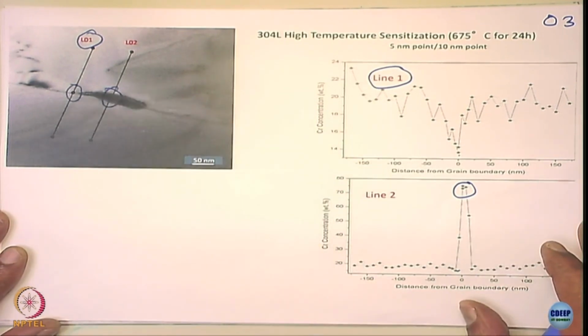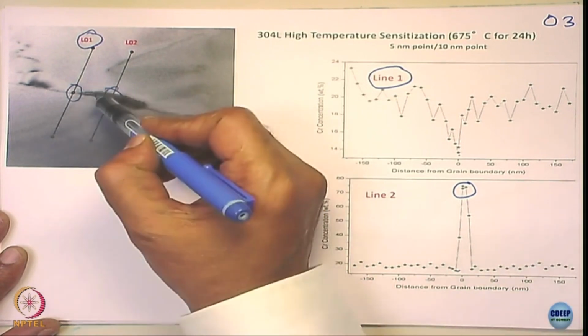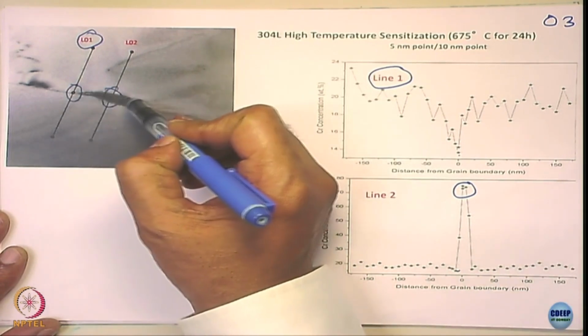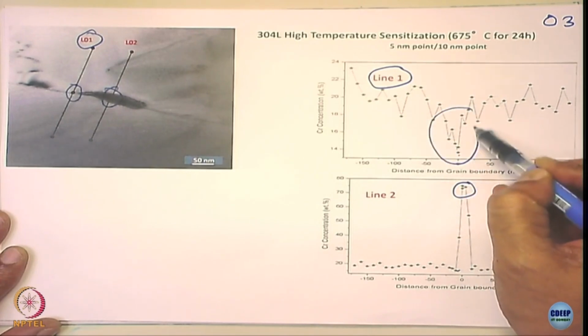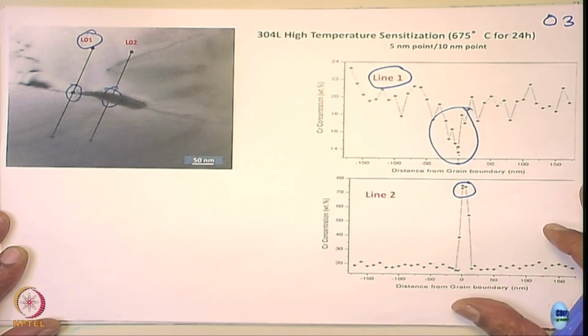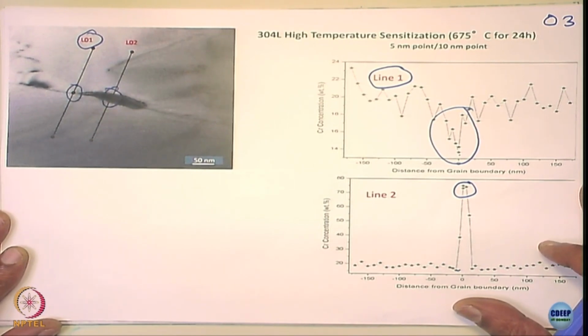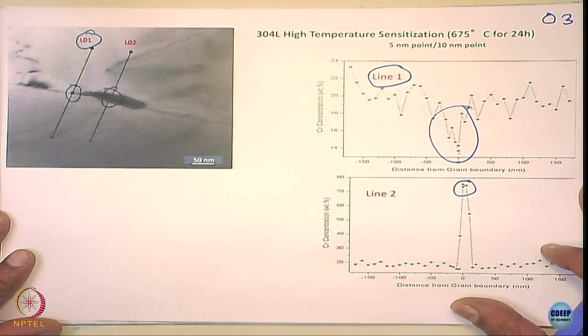The point I am trying to convey here is that when you have chromium carbide formation, the depletion of chromium occurs close to the grain boundary area, and it can go to so low a level that the alloy may not be able to passivate. So it loses its stainless steel characteristics completely.